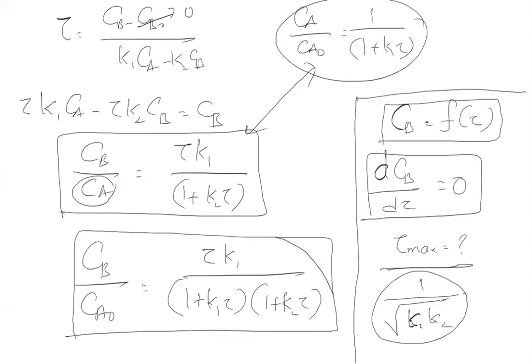How do you do this one? Simply u by v rule, or you can take u into v rule. What is the differentiation of u by v? It is u into dv minus v into du, divided by v square.